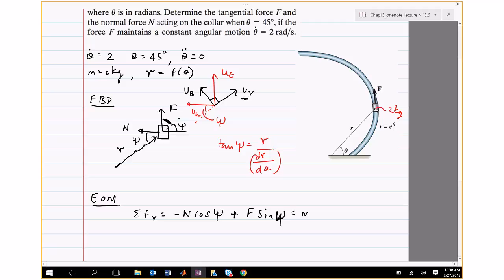Equals mass times acceleration, so r double dot minus r theta dot square.